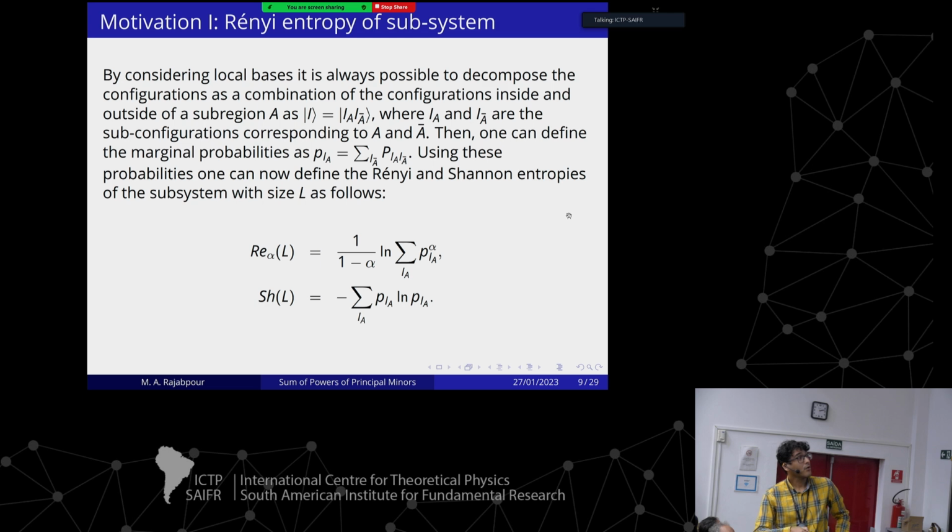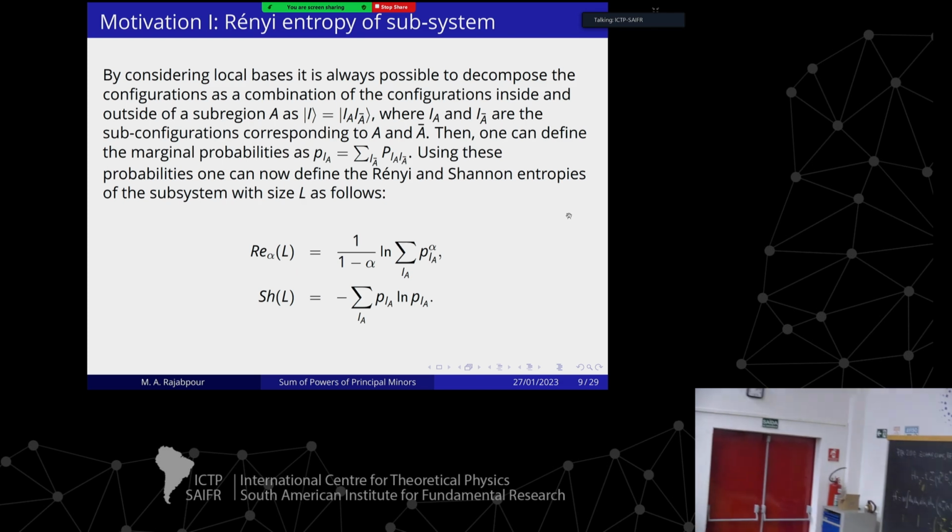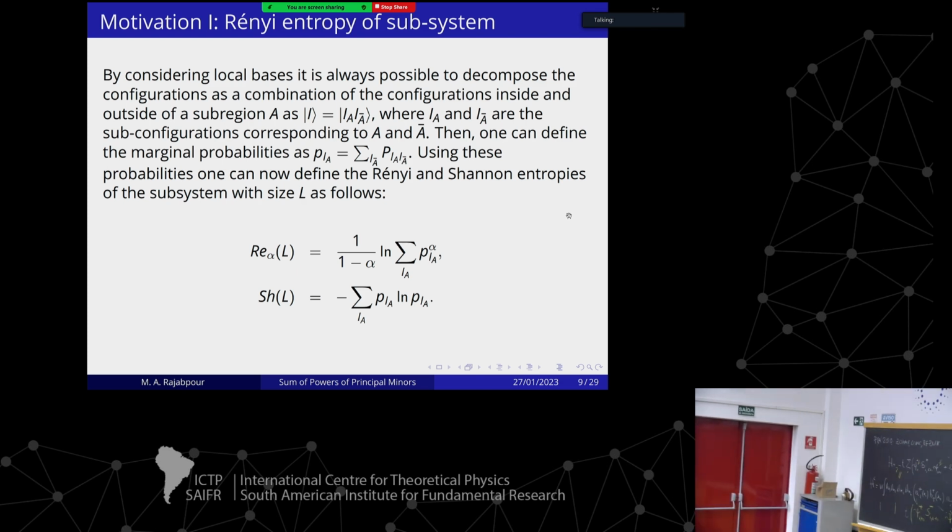If alpha goes to 1, you need to look at the limit, the 0 over 0, and when you do this, the sum of P goes to 1. More questions?